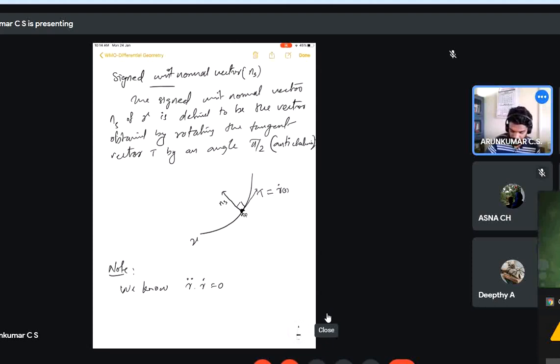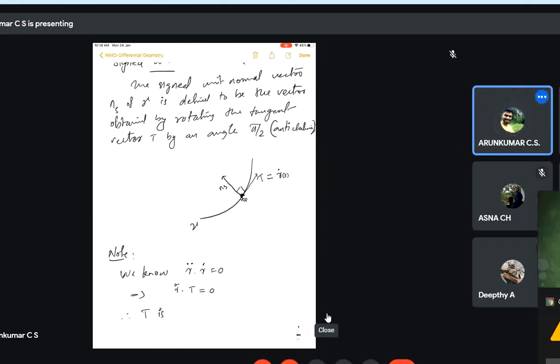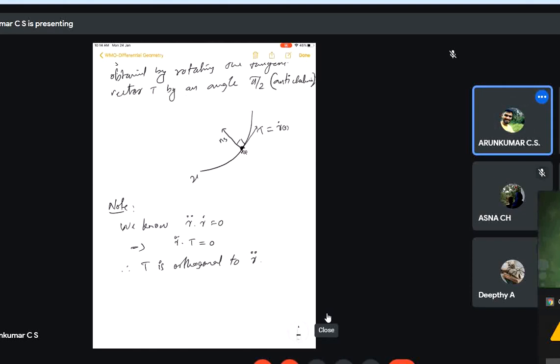So in other words, gamma double dot dot T is 0. So T is orthogonal to gamma double dot.